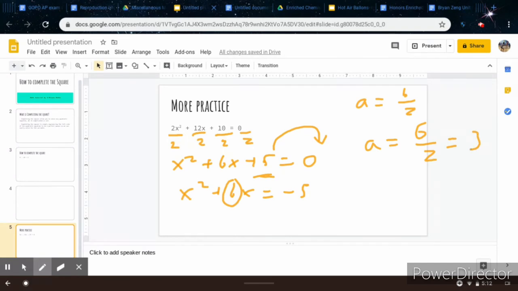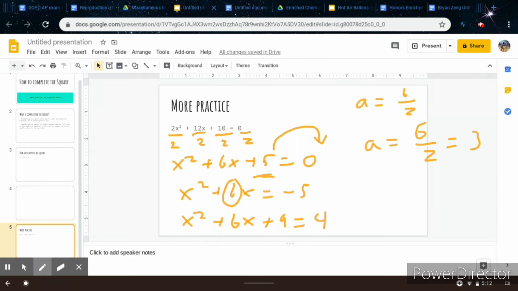So this unknown constant we plug in is obviously a squared, and we know a is 3, so the unknown constant is simply 9. So we can rewrite this as x squared plus 6x plus 9. And as you know, if we add 9 to the left hand side, you also have to add 9 to the right hand side. So equals -5 plus 9, which is 4.